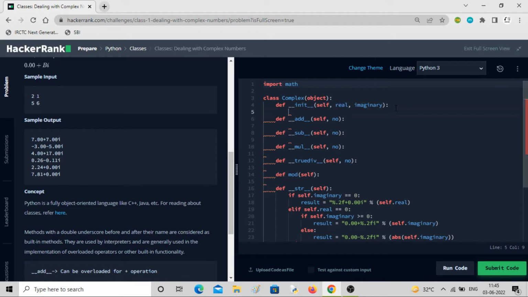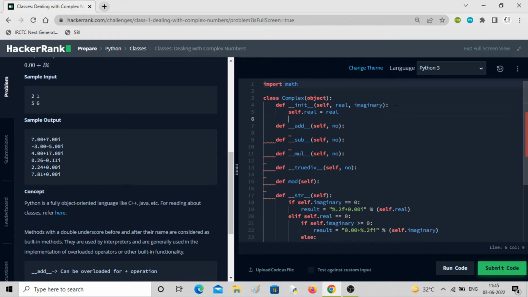Here you can directly write self dot real is equal to real. Similarly, self dot imaginary is equal to imaginary, right? So this is what it is.